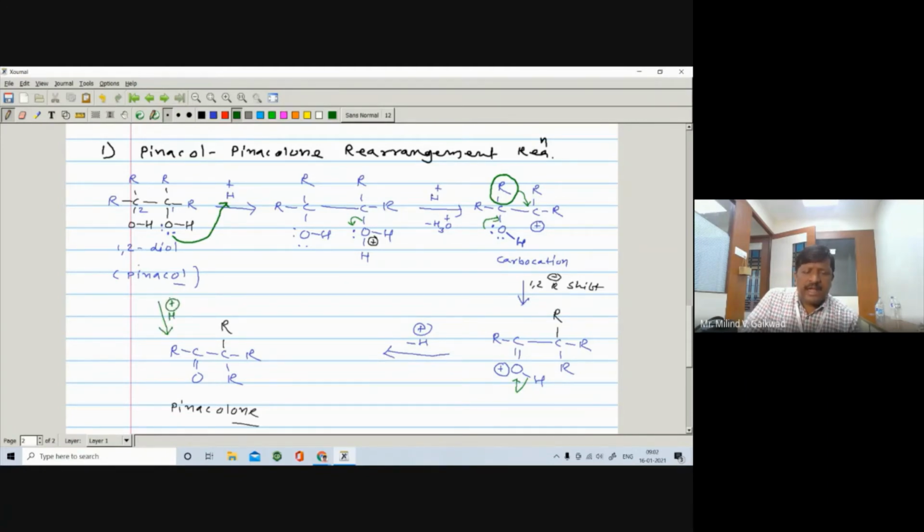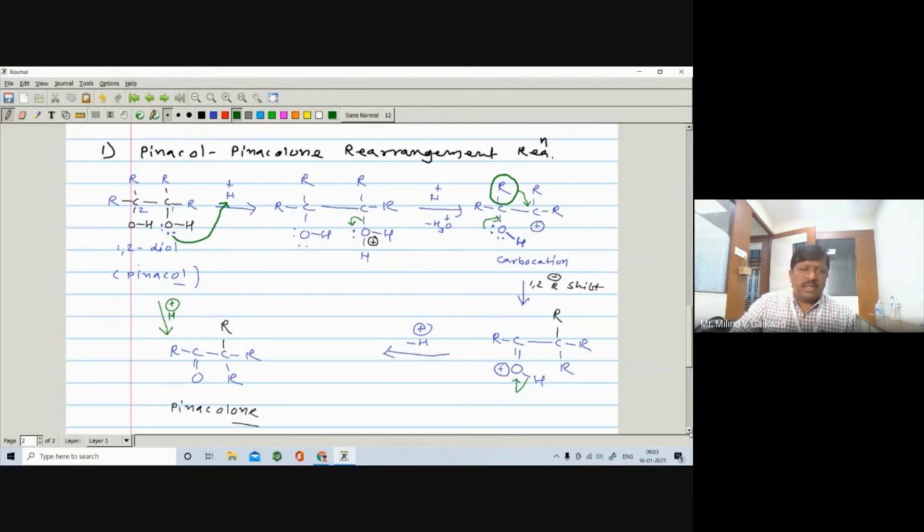So it is a conversion of pinacol into pinacolone. This is a general reaction in which there is a reshuffling of the carbon skeleton, so it is called the pinacol pinacolone rearrangement reaction.